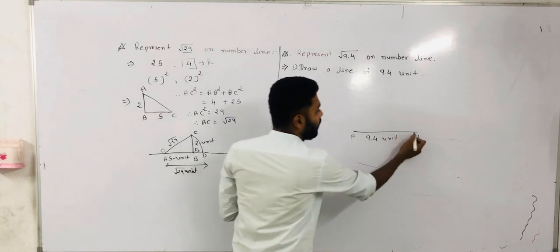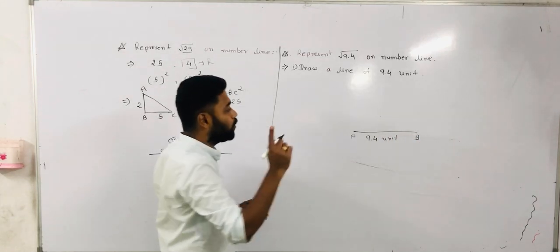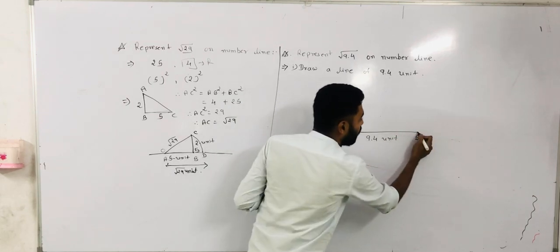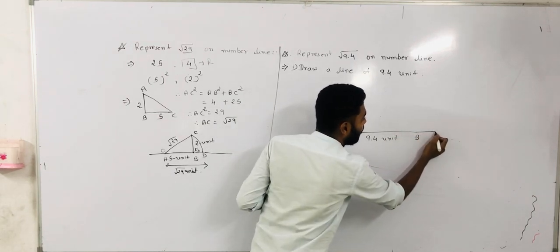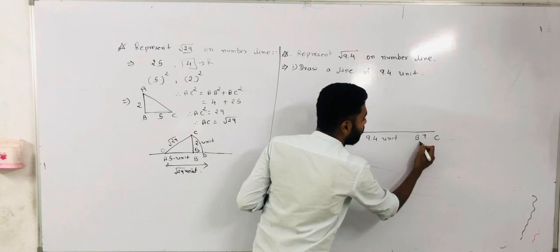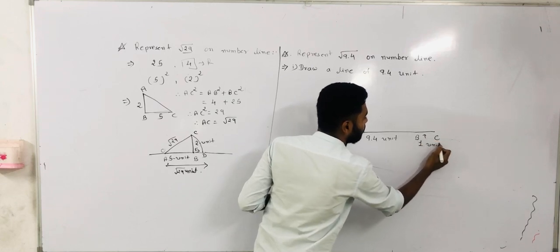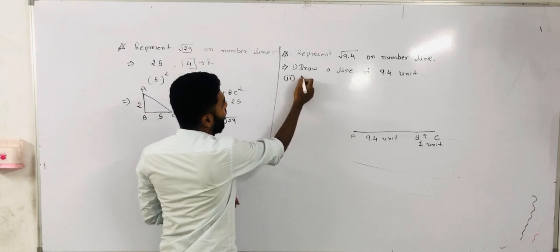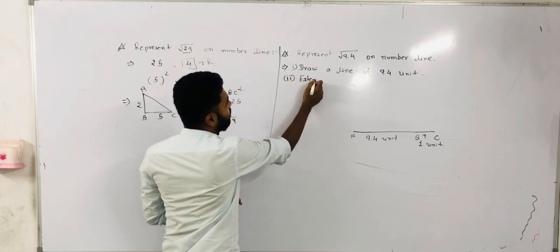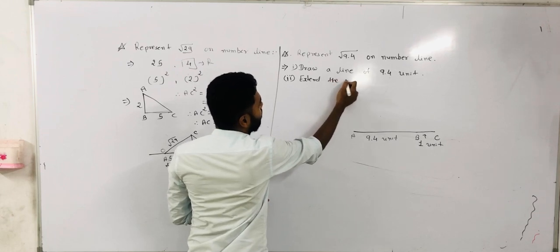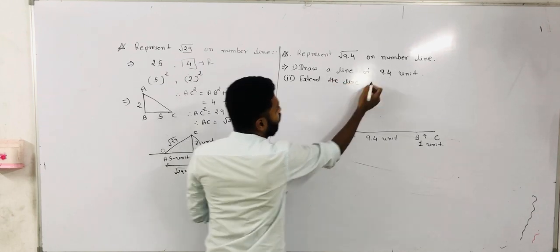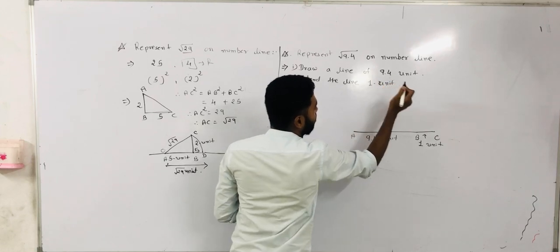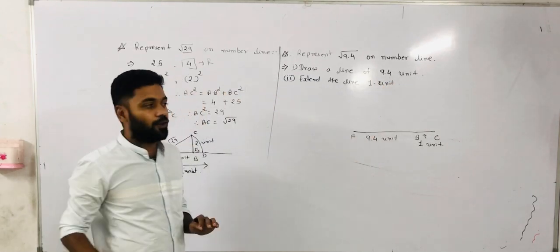Then next, we have to extend this line up to 1 centimeter. So from point B, extend this line, let's say to the point C, that is of 1 unit. So the second step is to extend the line 1 unit.